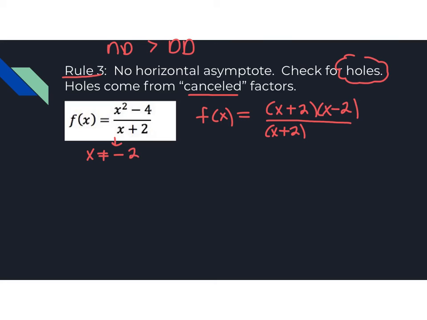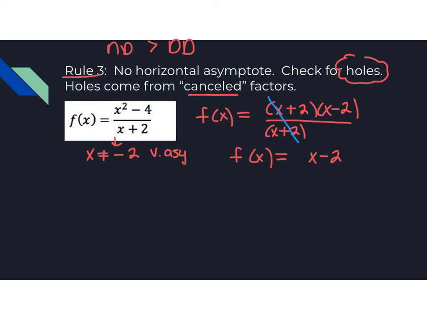So because of this function, x could not equal -2, and that is the location of my vertical asymptote. After I get this function factored, I notice that that x plus 2 factor cancels out and just leaves me with an x minus 2.